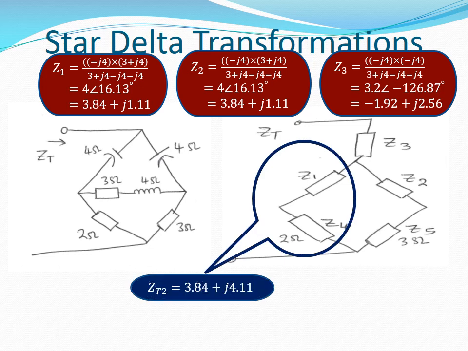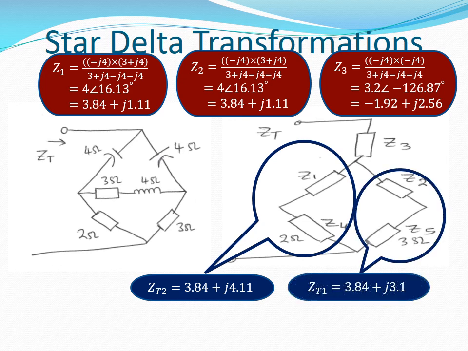Z1 and Z4 are in series. The series combination denoted as ZT2 is equal to 3.84 plus j4.11. Z2 and Z5 are in series. The series combination denoted as ZT1 is equal to 3.84 plus j3.11.